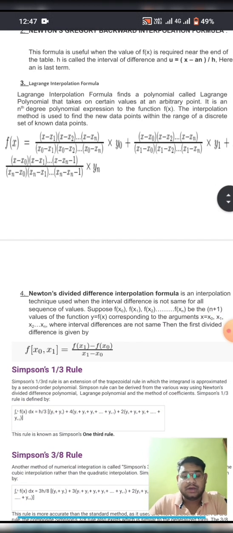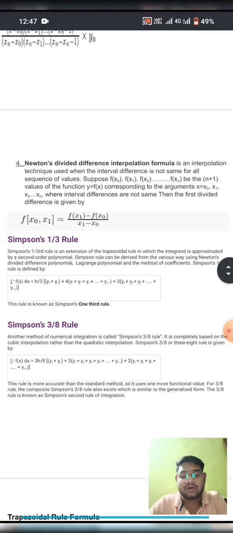Fourth method, Newton's divided difference interpolation formula. It is an interpolation technique used when the interval difference is not the same for all the sequence of values. Suppose f(x0), f(x1), f(x2) up to f(xn) be the n plus 1 values of the function y equals f(x), corresponding to the arguments x equals x0, x1 up to xn, where the interval differences are not the same.